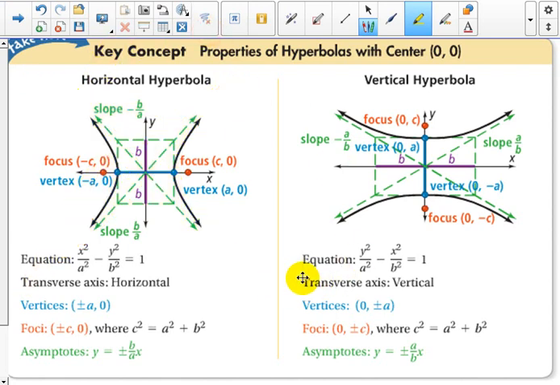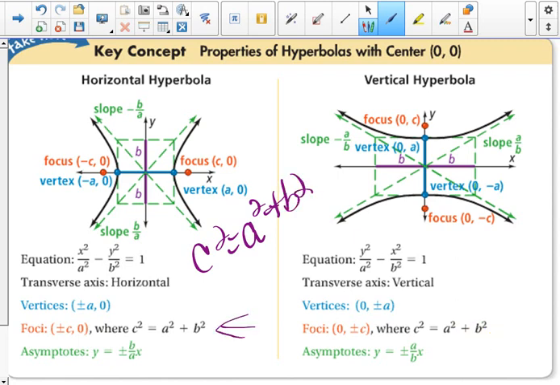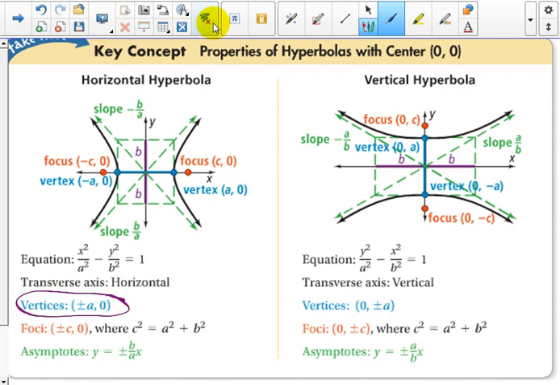All right, and all you have to remember is we just have to keep finding A, B, and C. And we get those with that formula, C squared equals A squared plus B squared. Once we do that, we'll solve by plugging in some values depending on what they give us. If they give us a vertex of positive, negative 3, 0, then we know we've got our A values.